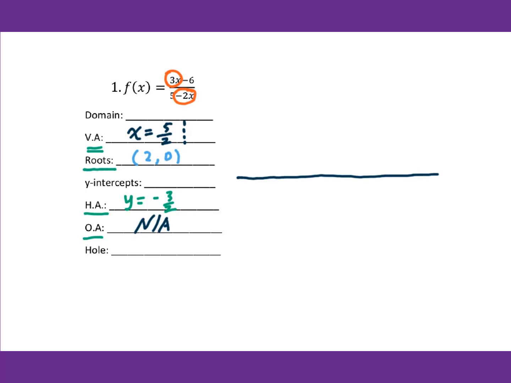You will label the vertical asymptote line and roots on this number line. We have 2, and this will be 5 over 2. For 5 over 2, we will draw this vertical asymptote line. Now choose a specific number. We choose 0 and plug 0 into this function.